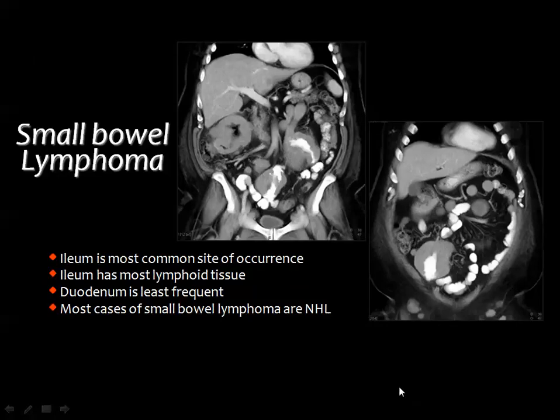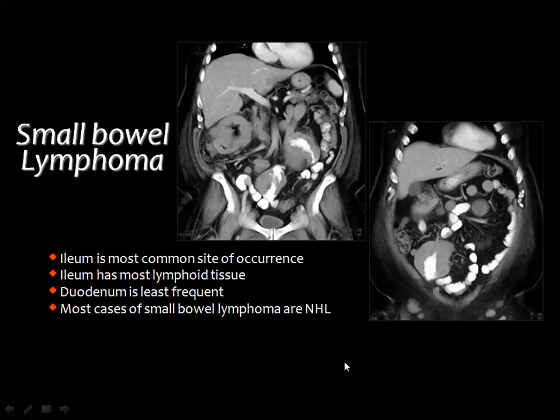And this is also a usual finding of lymphoma of the small bowel. You see the small bowel loop engulfed by this mass, which is the result of diffuse mural thickening of the involved segment.